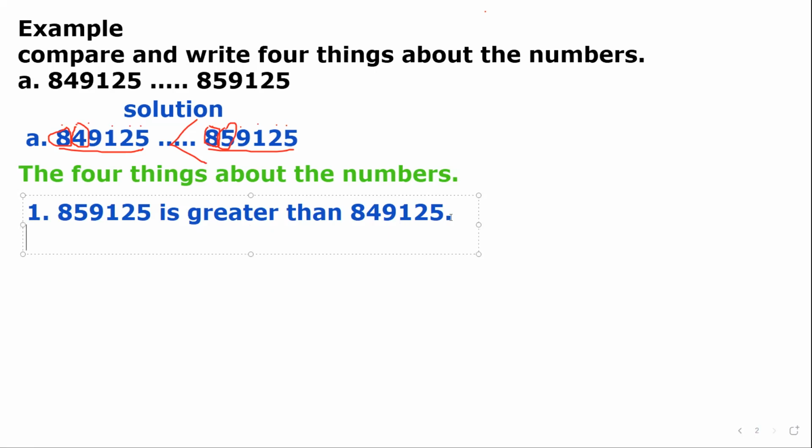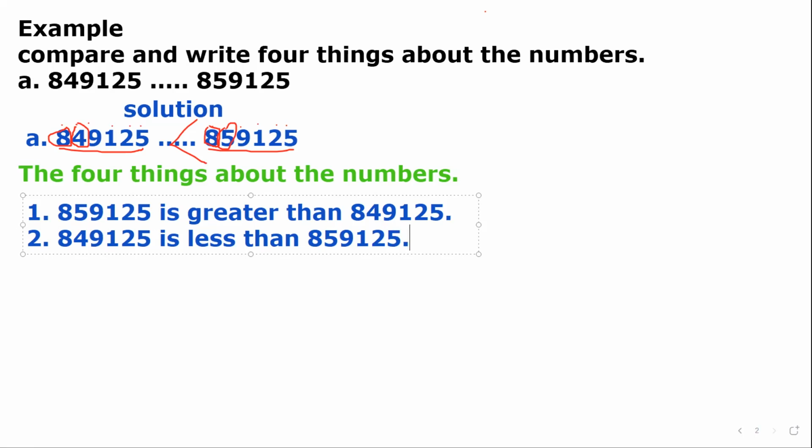Now the second one. 849125 is less than 859125.